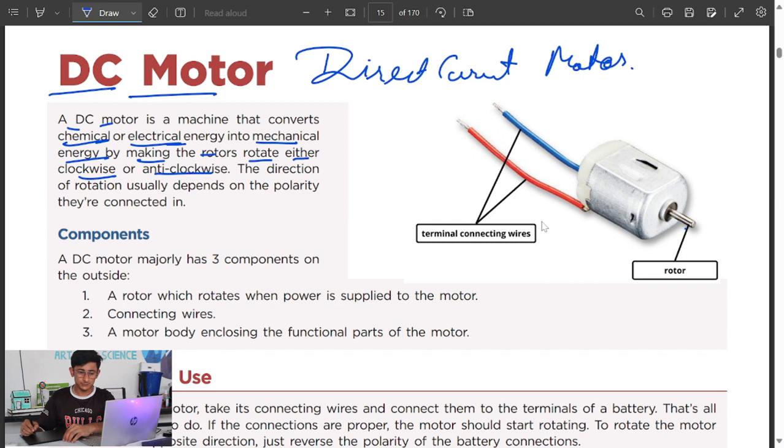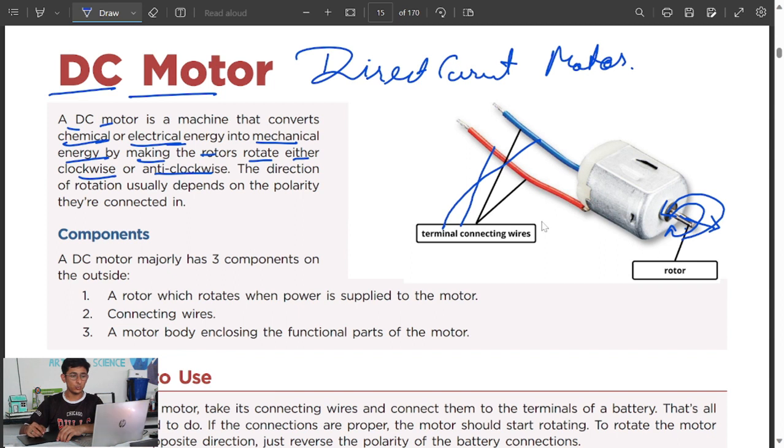Here we have a rotor, and we have two terminals for power supply. If we supply positive voltage on this positive terminal and negative voltage on this terminal, it will rotate in this clockwise direction. When we apply positive here and negative here, it will rotate in this other direction.